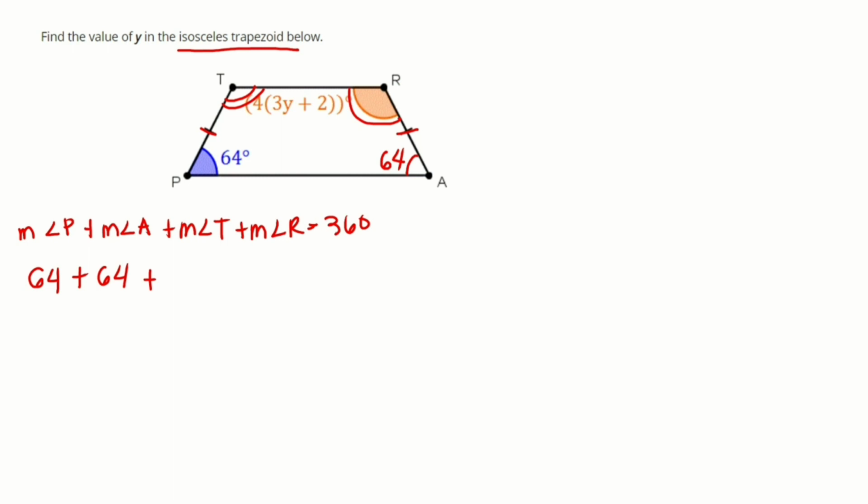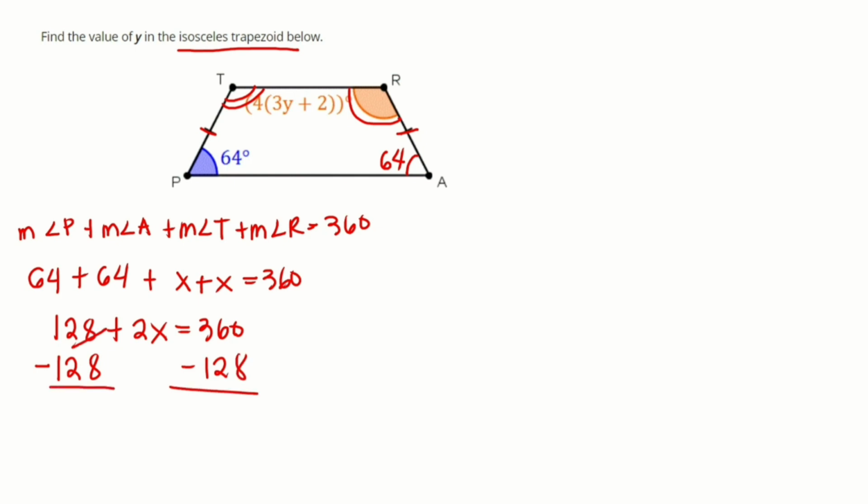Let's say we're going to set the measure of angle T as X. Since they are base angles, we will represent both as X, and the sum is equal to 360 degrees. So 64 plus 64, that is now 128, plus 2X, is equal to 360. So we subtract both sides of the equation by 128.